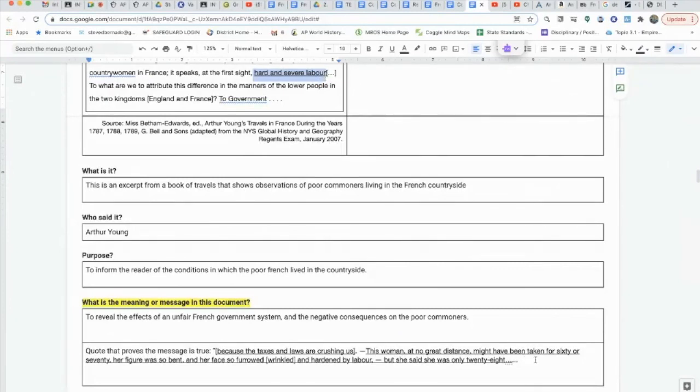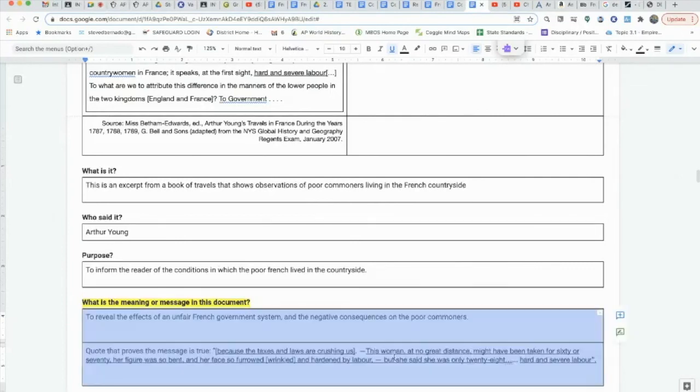Hard and severe labor. Copied and pasted it. You to finish right there.